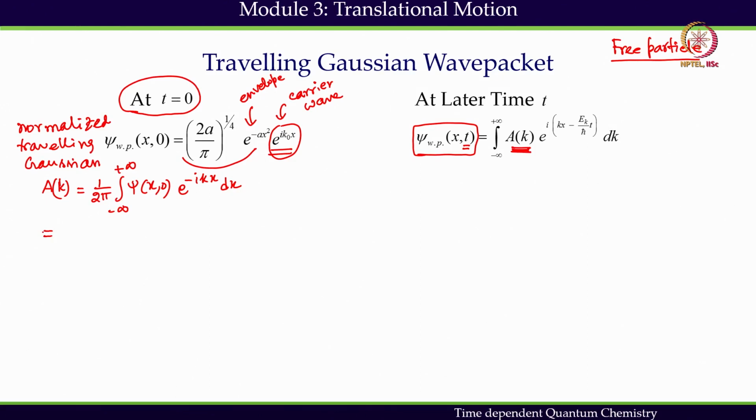This initial Gaussian wave packet I can plug in, and I get 1 by 2 pi, 2a by pi to the power 1 by 4, integration from minus infinity to plus infinity e to the power minus a x square e to the power I k naught x.